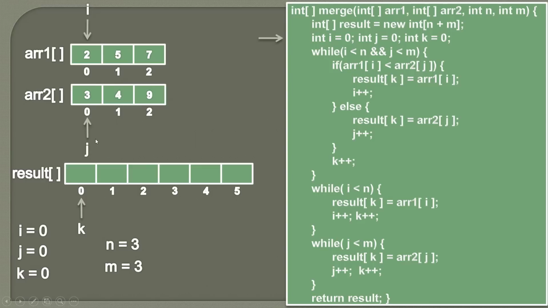So here you can see the purposes of these 3 pointers are different. In this algorithm, at any instant we are comparing the value stored at the ith index with the value stored at the jth index, and whichever value is smaller, we simply update it into the result array at the kth index.